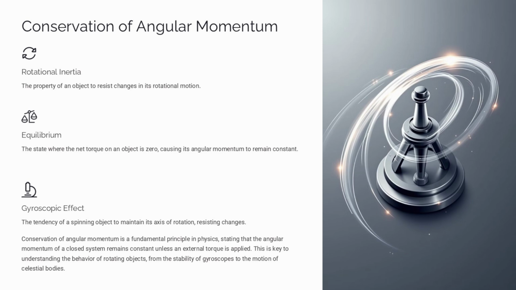Equilibrium is the state where the net torque on an object is zero, causing its angular momentum to remain constant. The gyroscopic effect is the tendency of a spinning object to maintain its axis of rotation, resisting changes. These principles help explain the stability and predictable motion of many rotating systems in the physical world.